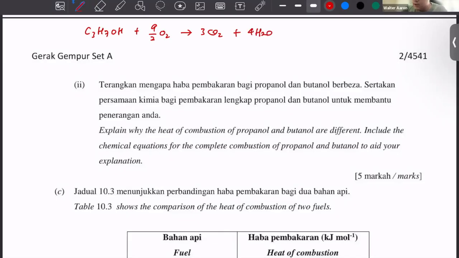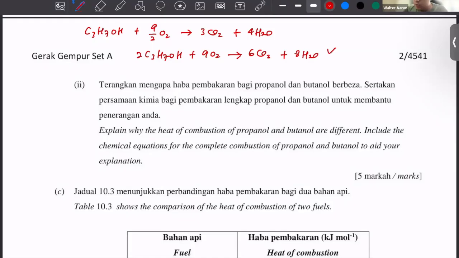Now, if you don't want the fraction, you can always multiply the whole thing by 2. With 2 times the whole thing, it'll be something like this. Of course, I will always encourage you all to write a whole number instead of a fraction, because usually they don't really like it when you write fractions in your chemical equation. So I think this is actually the best one. Okay, so that's the correct version.